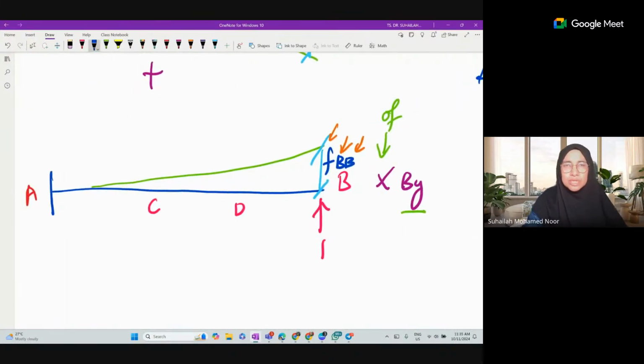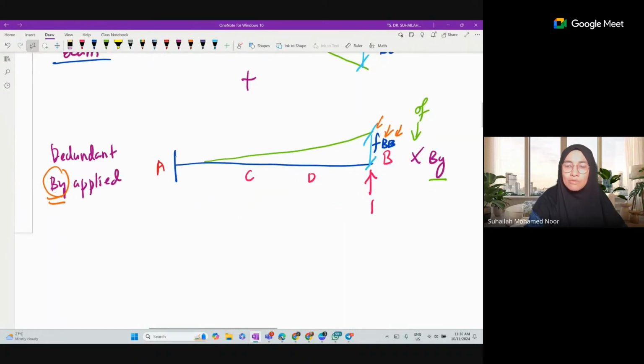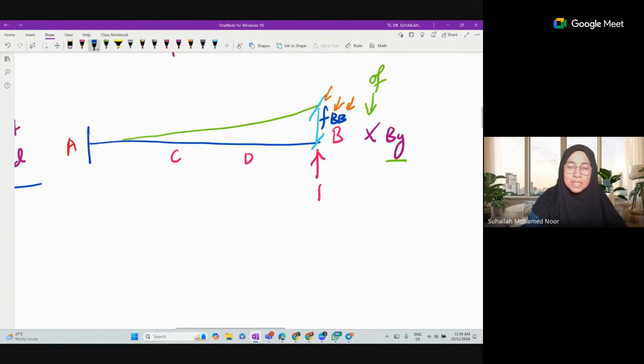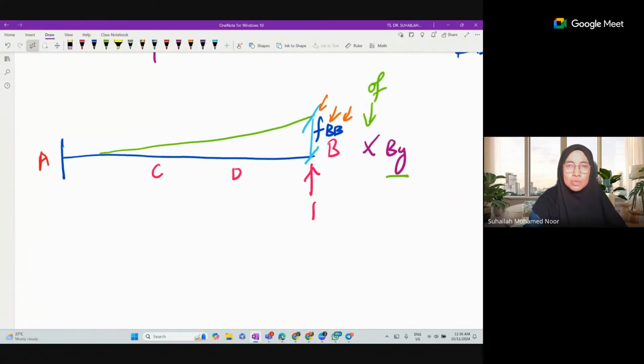So due to a unit value, the delta is marked as F. The deflection is marked as F. FBB: the first B is for the position, the second B is for the type of beam, this is BY applied, the redundant beam. So this FBB refers to the deflection at position B for the redundant beam.